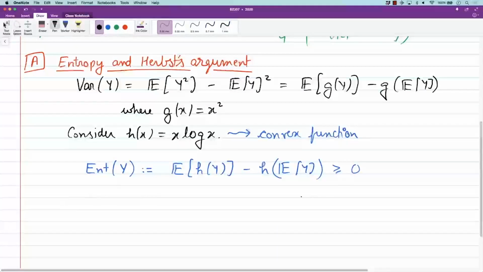So this is the entropy, and what we will show is something similar to what we had earlier. Let me write this lemma and call it Herbst's argument.